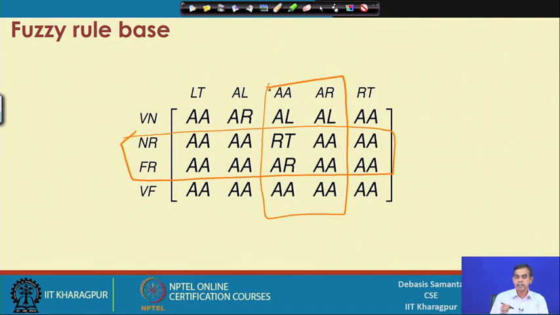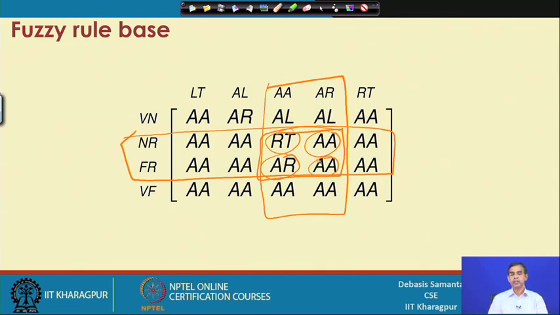If we consider the intersection of these, only 4 rules are important. If x is nr and y is aa, then the deviation is right, one rule. If x is nr and y is ar, then the deviation is aa, another rule. If x is fr and y is aa, then the angular deviation is theta ar, and if x is fr and y is ar, this one.